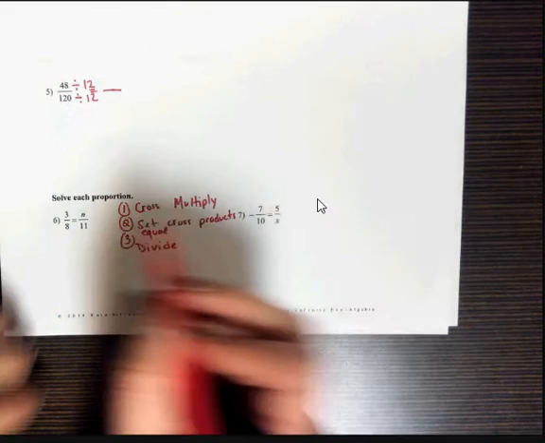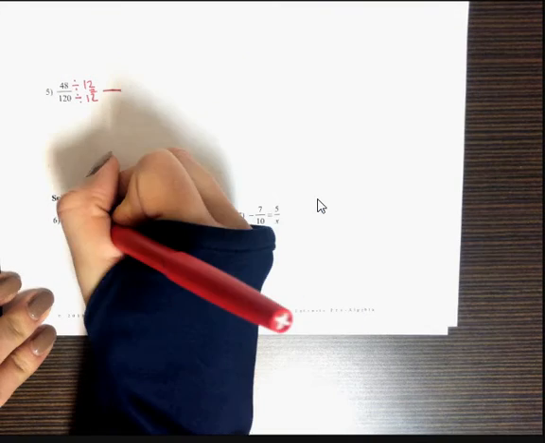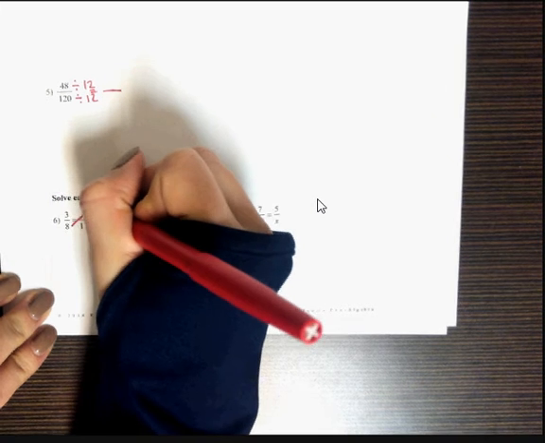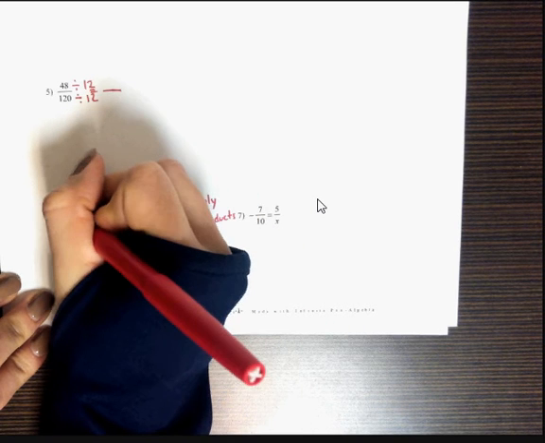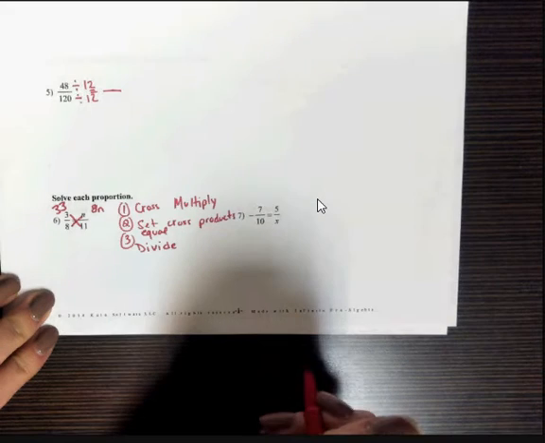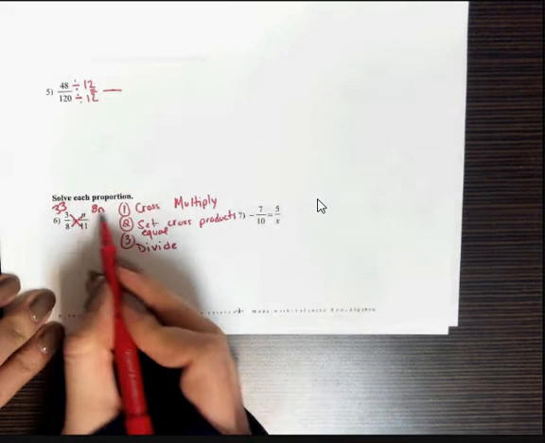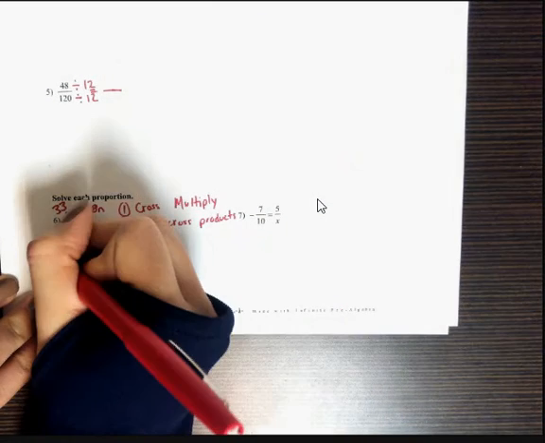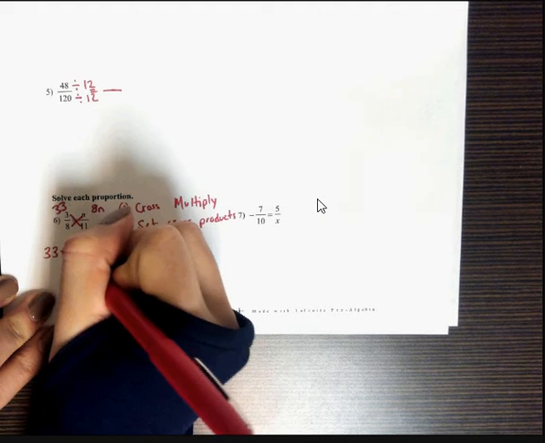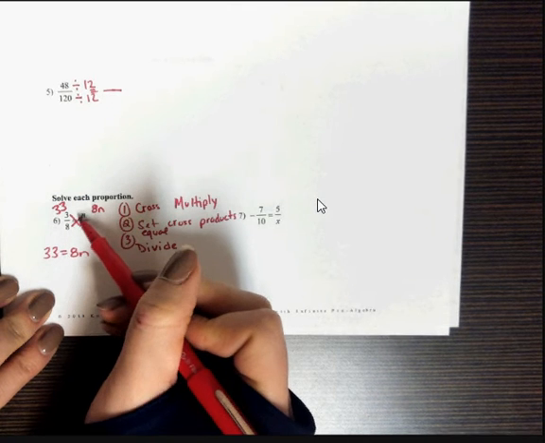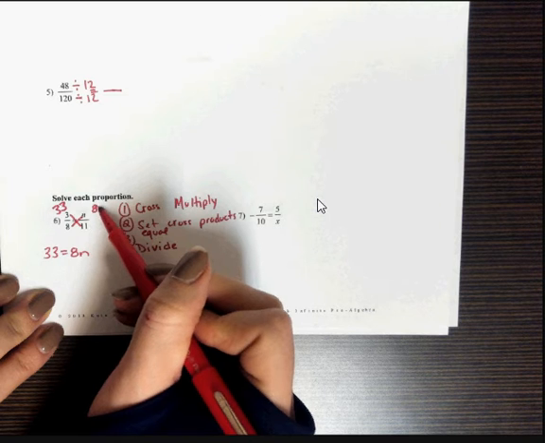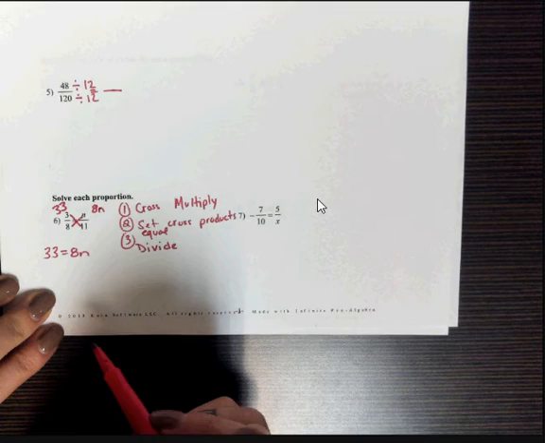So when I look at this proportion, I'm going to cross multiply. 8 times n is 8n. 3 times 11 is 33. I'm going to set my 2 cross products equal, because I know if these 2 fractions are really equivalent, whatever I get over here has to be the same as what I get over here.